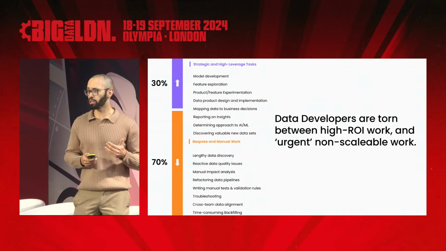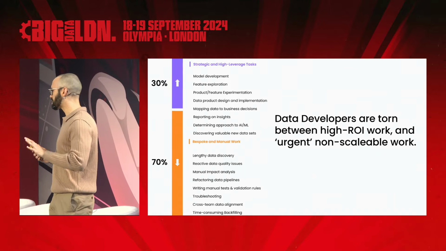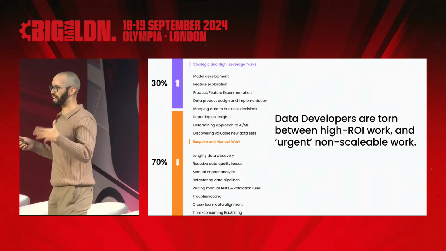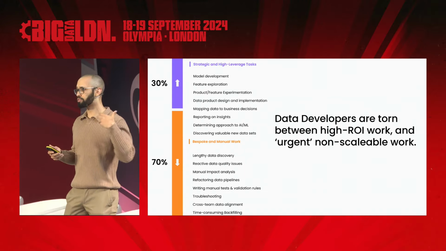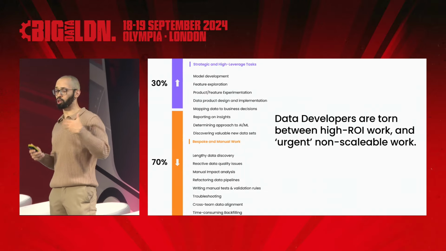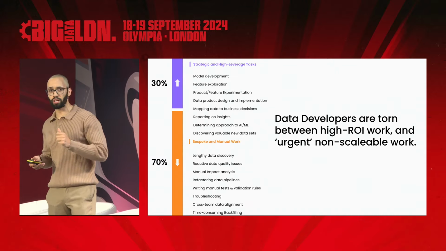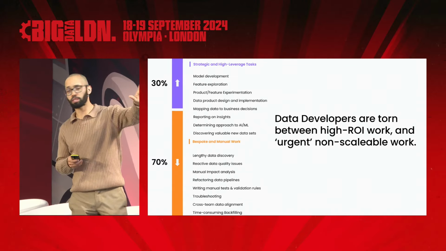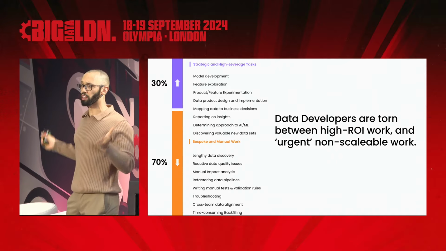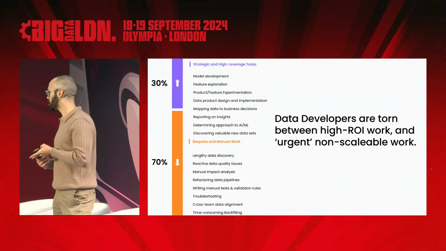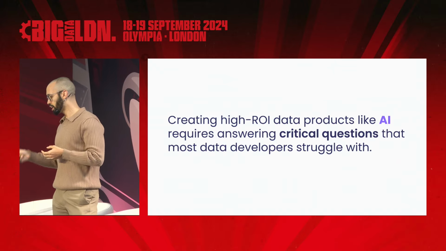The majority of their time, in most cases, is being spent on non-scalable work. So these are one-off ad hoc solutions or requests that are oftentimes coming from the business or other data teams. Whereas where these people really want to be spending their time is on the scalable work. Right? It's talking about infrastructure, what is our AI strategy, what's our data security posture, and they just don't have time to do that.